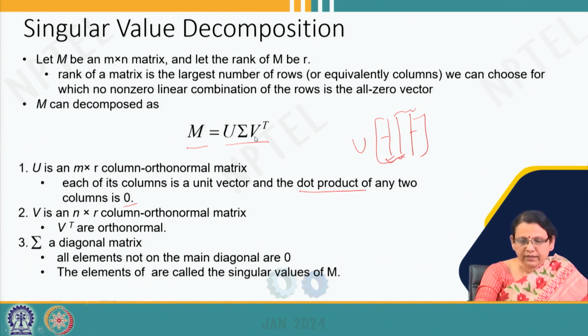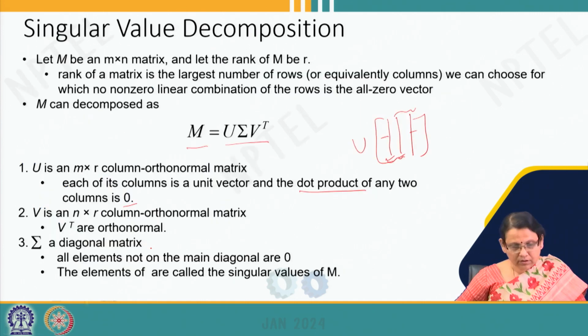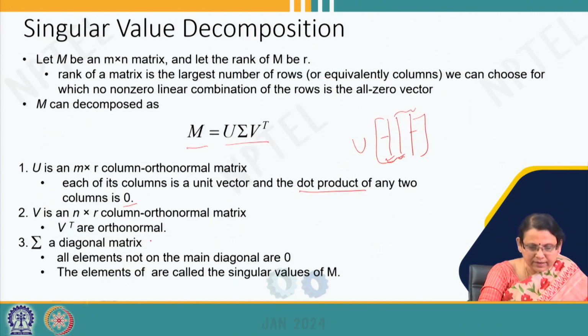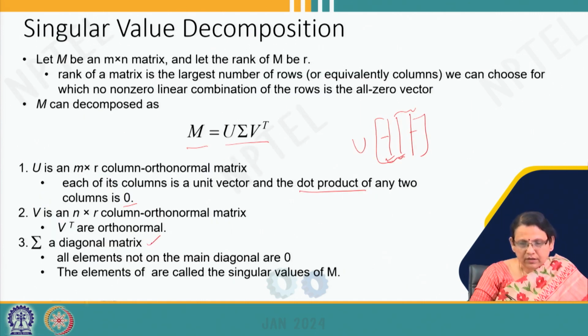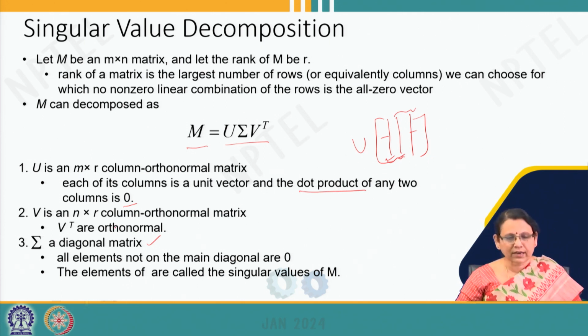In this U sigma V transpose, sigma is a diagonal matrix, which means all the elements except those on the main diagonal are 0. These elements of this diagonal matrix are called the singular values.